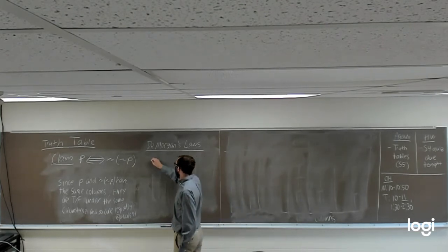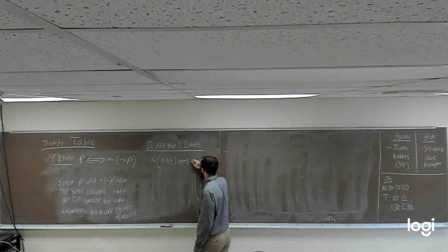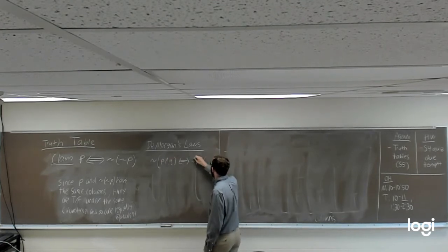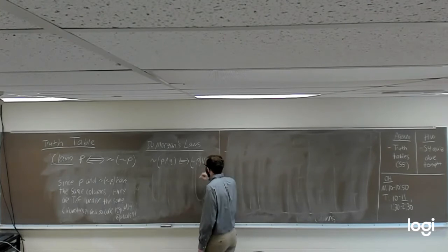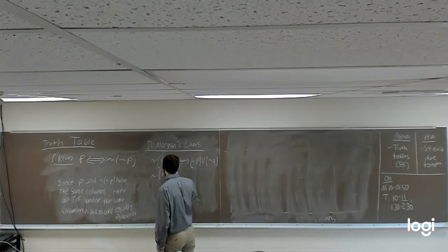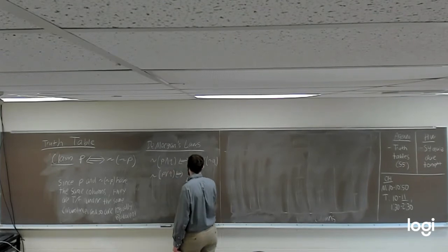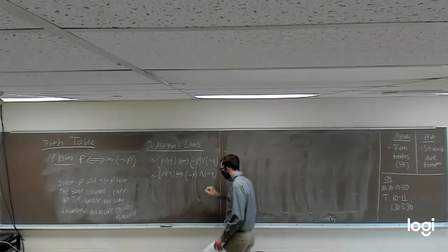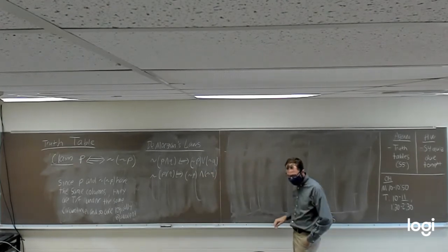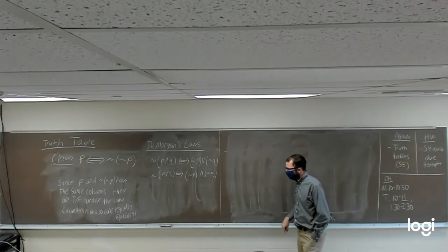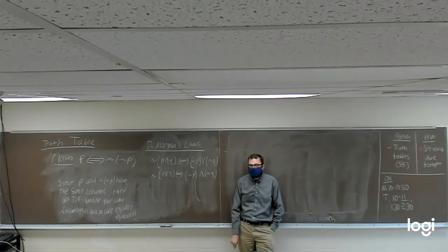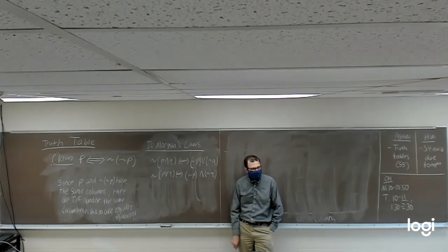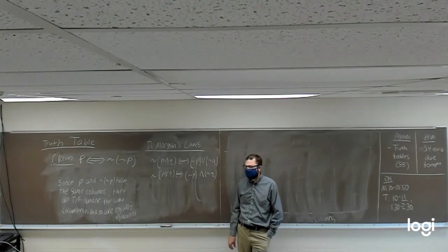These are the mathematical rules that say the negation of P and Q is the same as saying not P or not Q, and the negation of P or Q is the same as saying not P and not Q. Who do I want to pick?